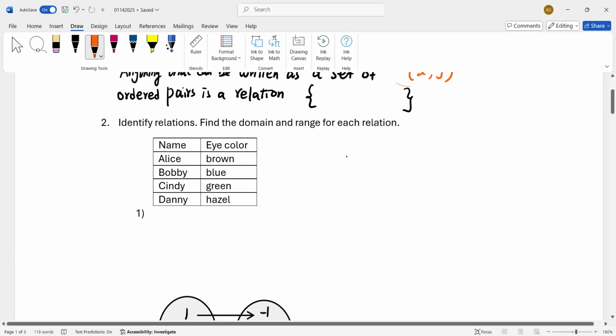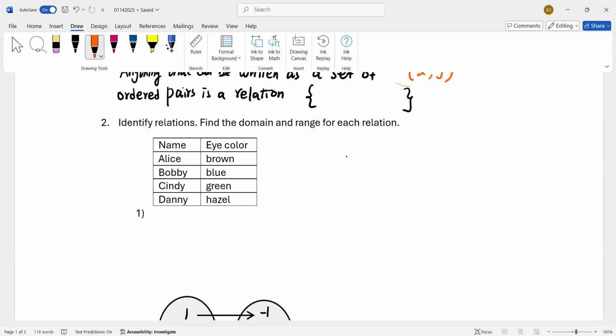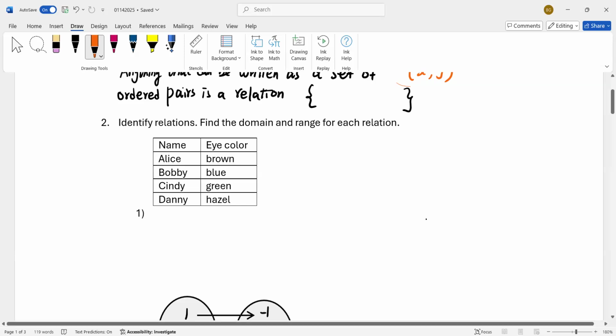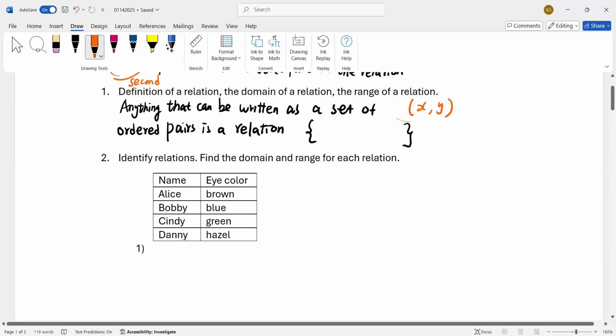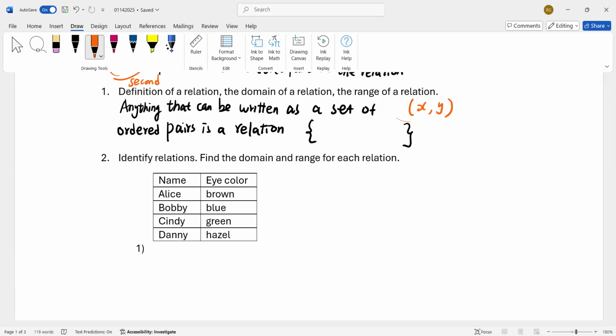Here we need to determine, is there a relation in the information shown in the table? Do you see a relation here? What is a relation? A relation is a set of ordered pairs. Do you see a set of ordered pairs? The definition of a relation says anything that can be written as a set of ordered pairs is a relation.